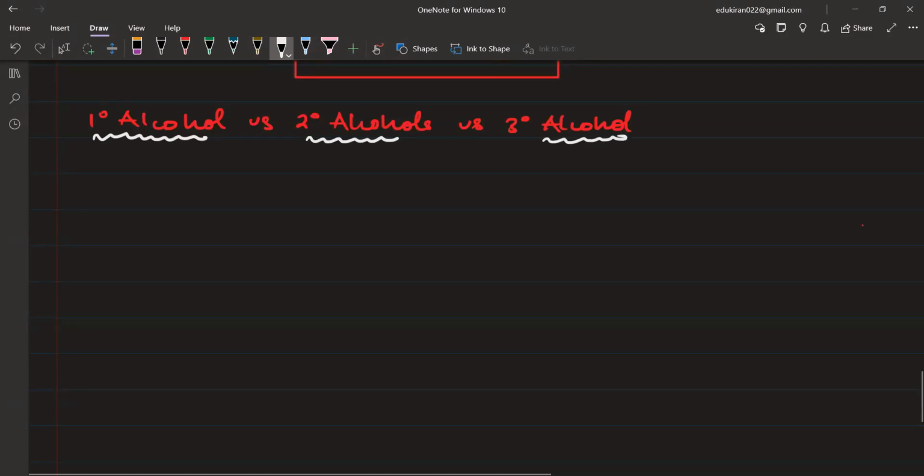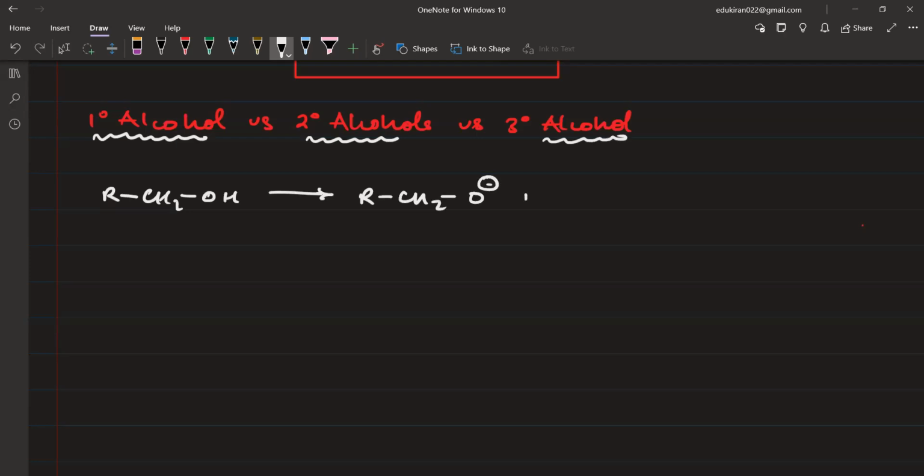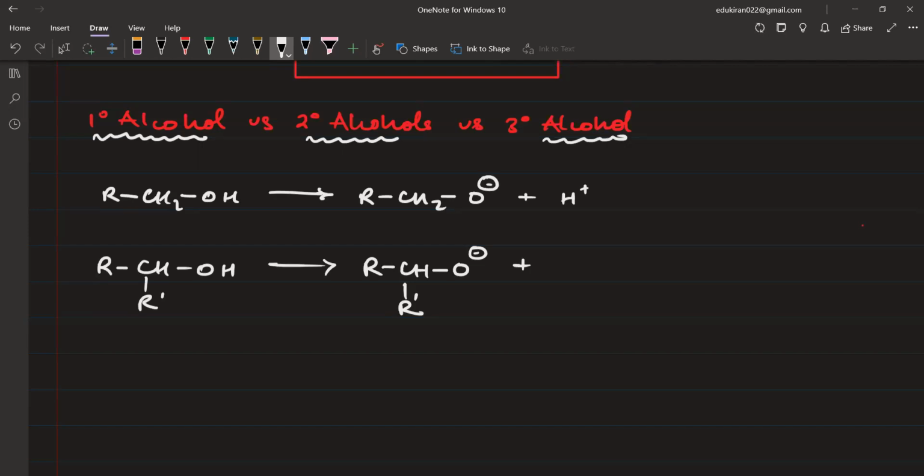ठीक है, देखिए, 1 degree alcohol means RCH2OH है ना. The conjugate base is going to be RCH2O negative plus H positive. 2 degree alcohol means there will be 2 R groups on the alpha carbon, CHOH, and there is some R dash group. What will be the conjugate base? R R dash CHO negative, plus H plus ion.